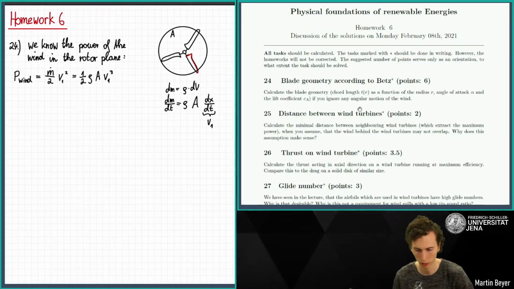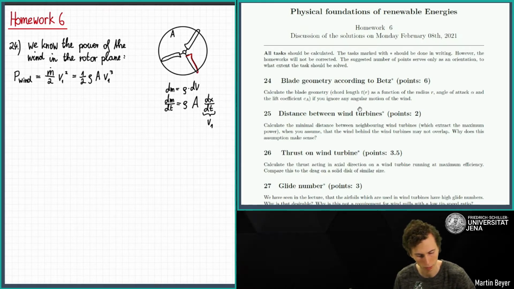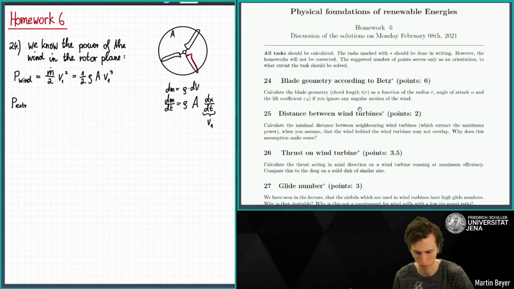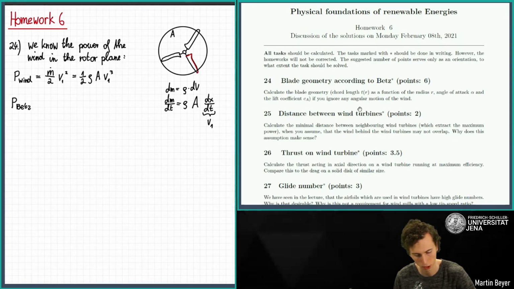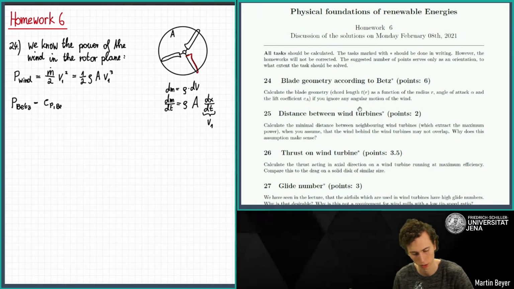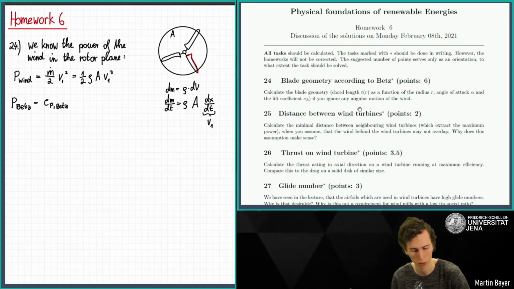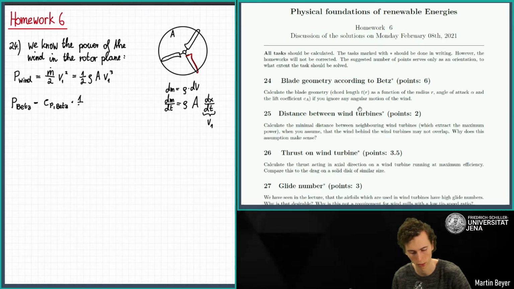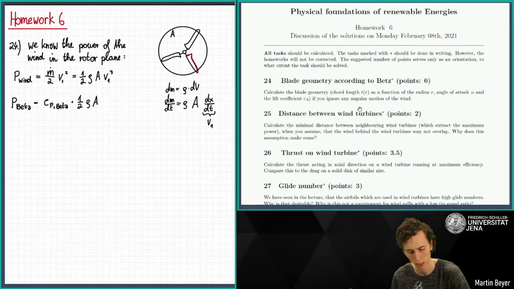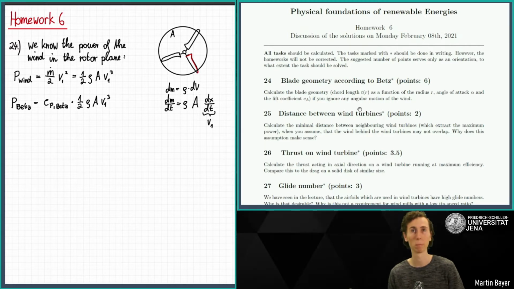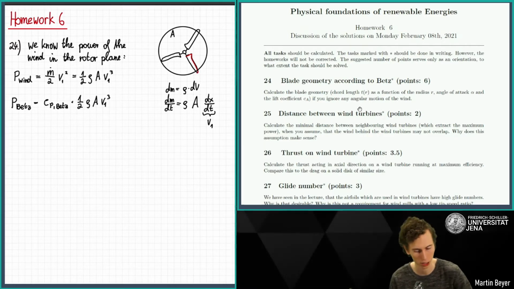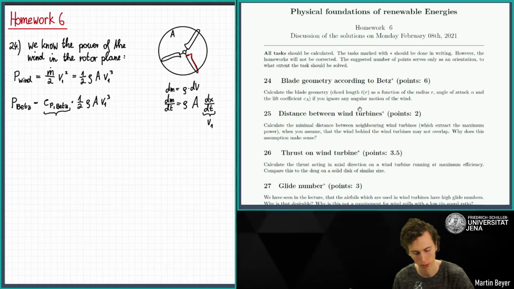And now we are assuming the Betz limit, so the power that we can extract, or maybe we call it Betz power, is just the Betz coefficient times the power that our wind has. So 1/2 rho times A v1 cubed. And as we saw in the lecture, this is a very peculiar number.